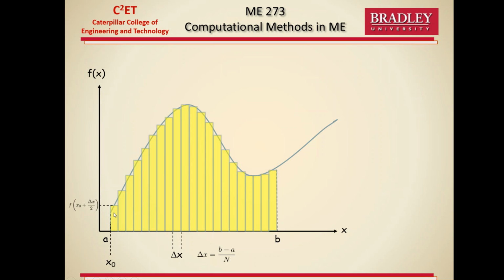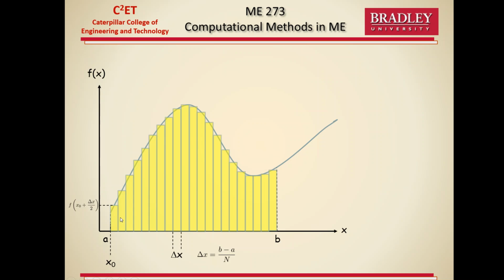In other words, this function evaluated not at x0, but at x0 plus half the width of the rectangle. That's delta x over 2. If I evaluate the function there, that tells me the height. So I have to add this extra half width to x0 and evaluate the function there to get the height of the rectangle.